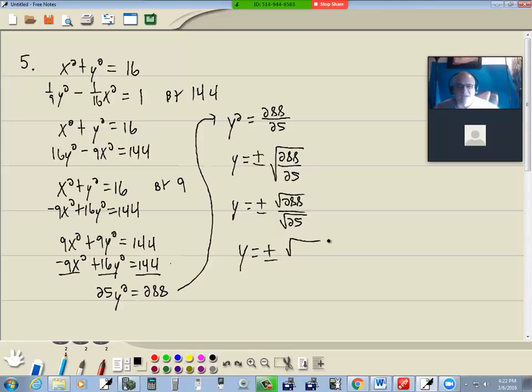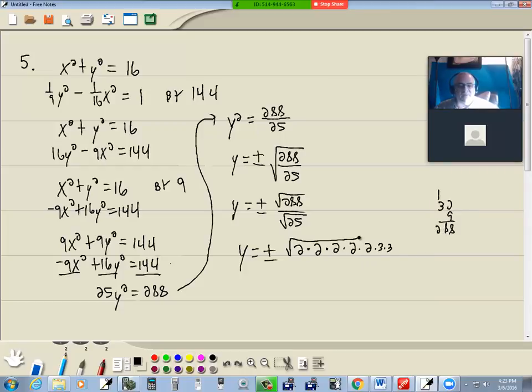Now 288 is 2 times 144. 144 is 2 times 72, 2 times 36, 2 times 18, 2 times 9, so 2, 4, 8, 16, 32 times 9.